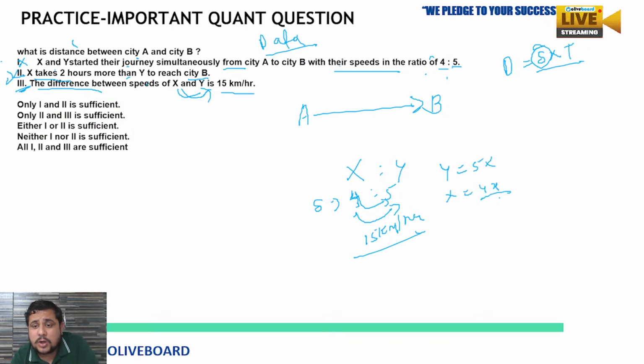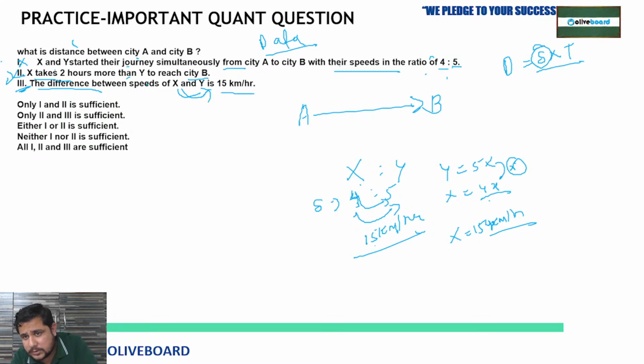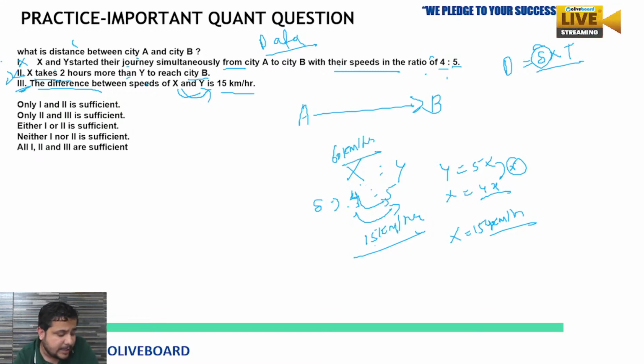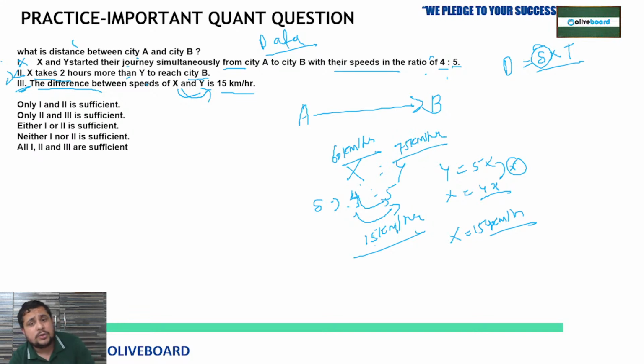Clear? So now their difference will be x, and this is what is given to us, 15 kilometers per hour, right? This is the common factor value. So the speed of X would be what? 15 into 4, so 60. So the speed of X is 60 kilometers per hour, while the speed of Y is 15 into 5, which means 75 kilometers per hour. Clear to all of you?